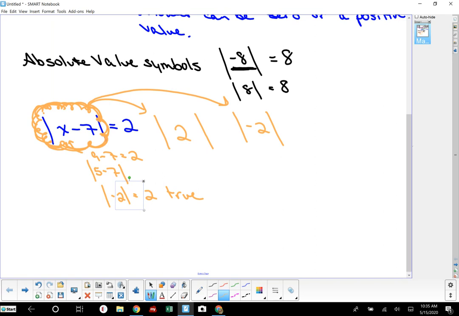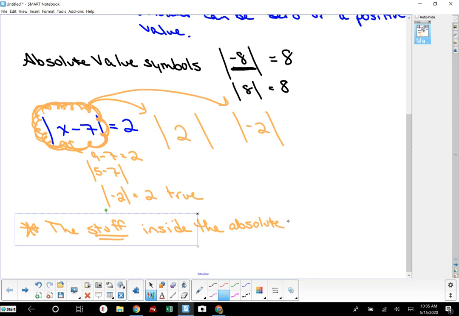All right, so just in case I've completely and utterly lost you, I'm going to give you some rules to see what happens. But here's kind of a big thing. The stuff inside, I'm being very mathematically technical here, the stuff inside the absolute value bars can be a positive or negative value.